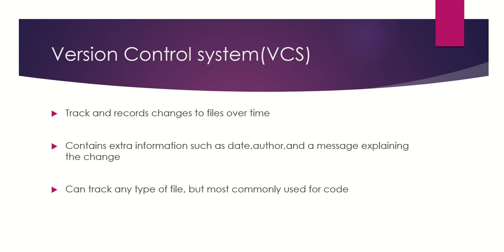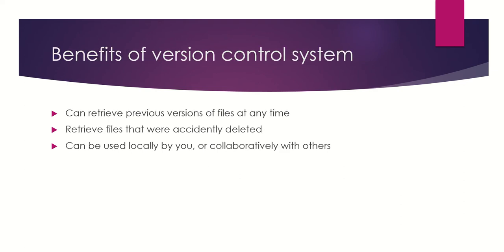Changes are recorded along with extra information, such as the date and time that they were made, who made those changes, and a message explaining the intention behind the change.